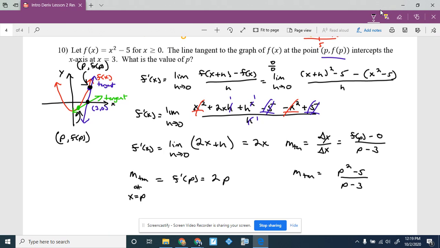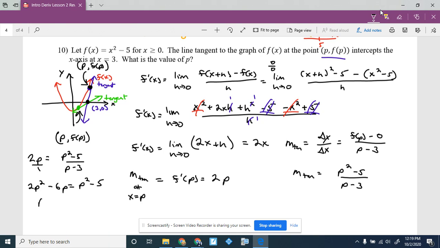So if I set them equal, if I take 2p and I make it equal p squared minus 5 over p minus 3, maybe put this over 1, cross multiply. 2p times p is 2p squared. 2p times minus 3 is minus 6p, equals p squared minus 5. This is a quadratic equation.